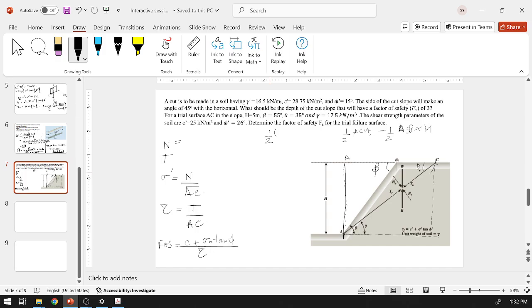We will get the area of this triangle, which is simply half of BC into H. But how do we take BC?